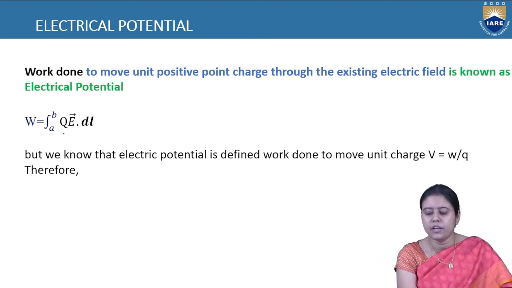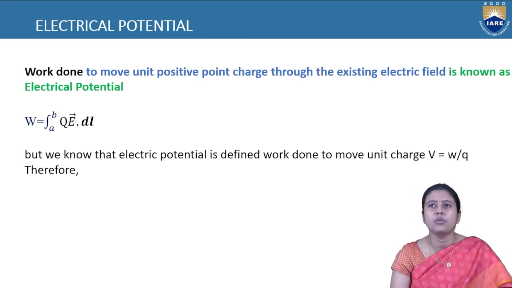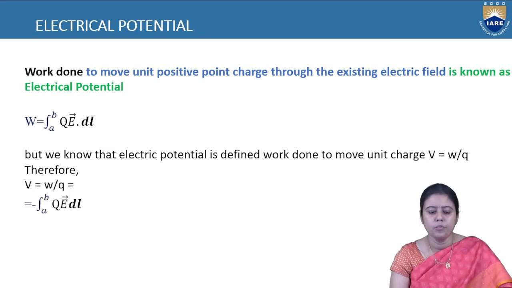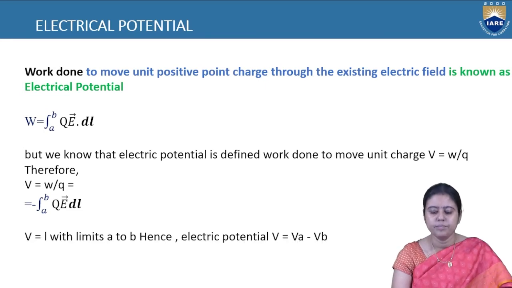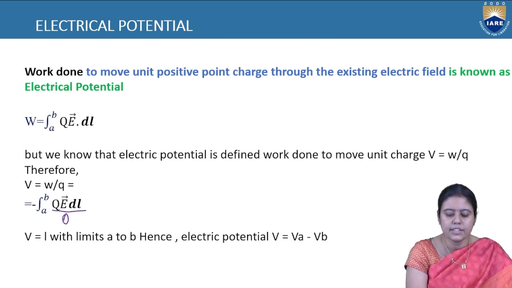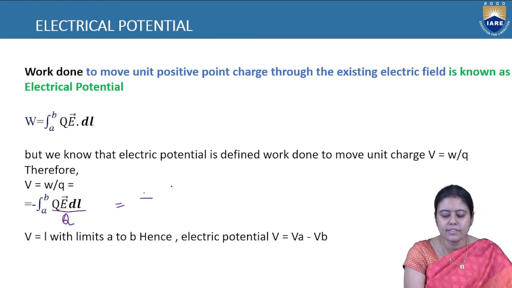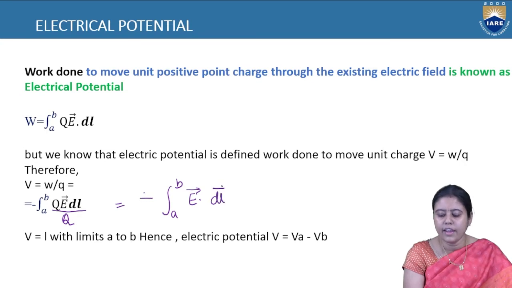So it is for the Q charge, so we can write V is equal to W, the total work done, divided by Q. So for one charge, it will be divided by total charge Q, and we are getting the value minus integration A to B E dot dl.